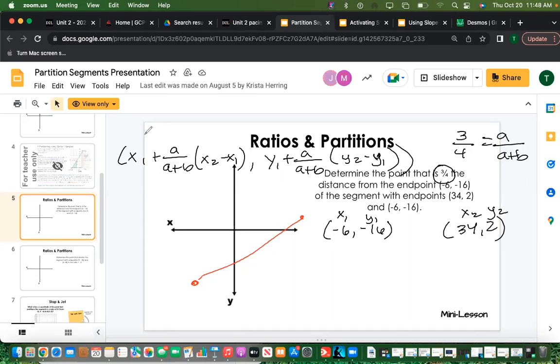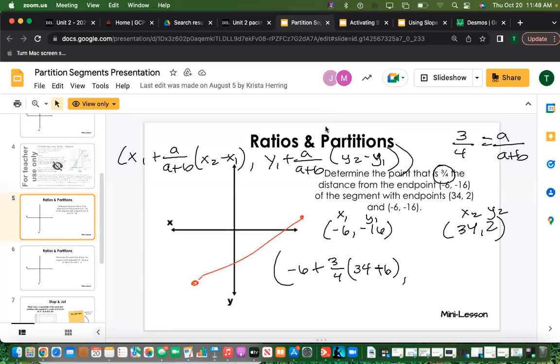We're gonna plug in. We're going to take all of our information and substitute it in. This is where you have to be neat on your paper, otherwise you're gonna get confused. So we've got x sub 1, which is -6, plus our fraction, 3/4, times x sub 2, which is 34, minus -6, so that's gonna make it plus.